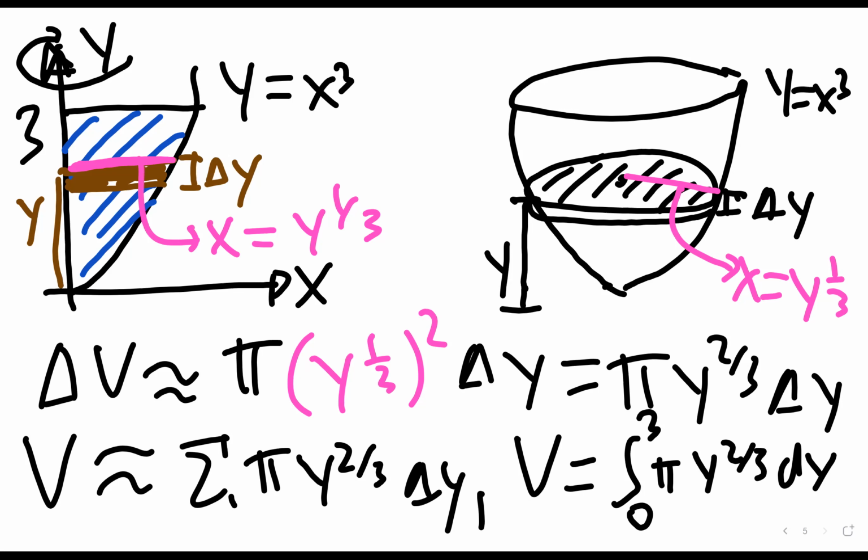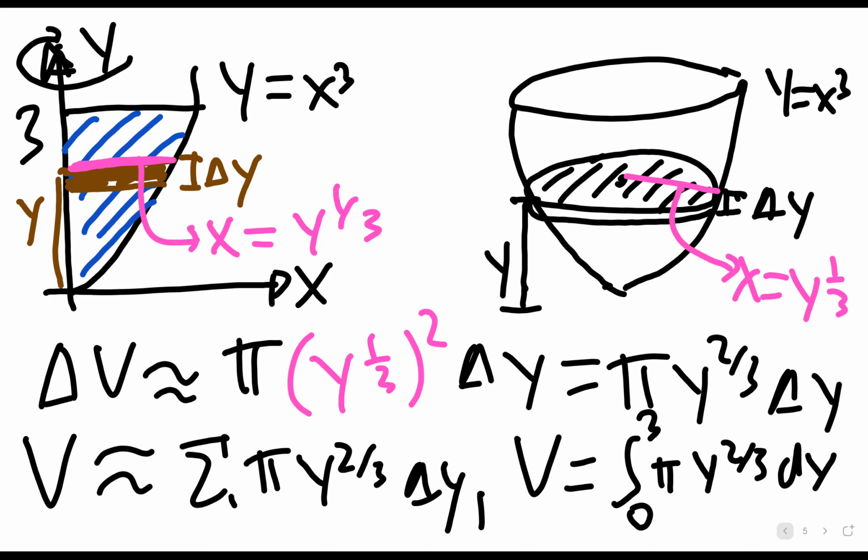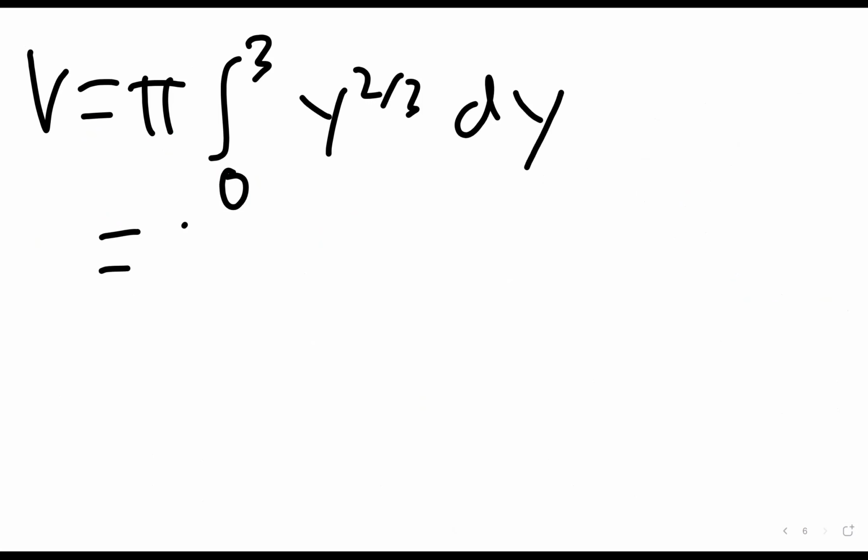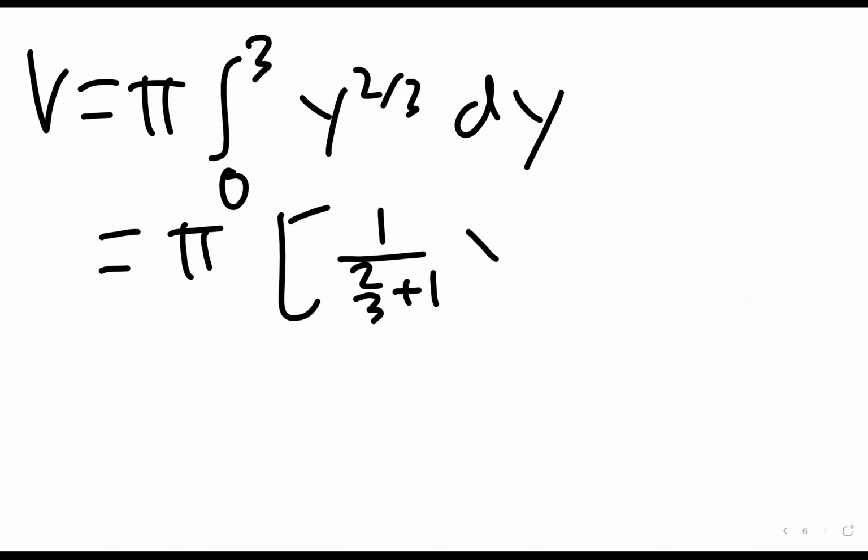Once again, to calculate the volume, V is pi times the integral from 0 to 3 of y to the power 2 over 3 dy. We take the antiderivative of y to the power 2 over 3, which is 1 over (2 over 3 plus 1) times y to the power (2 over 3 plus 1), and put 0 and 3 there.